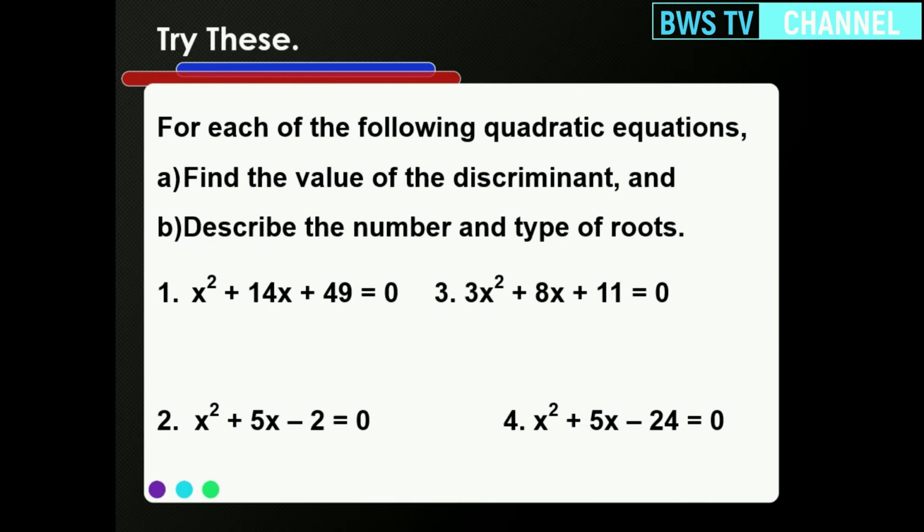So for number 1, we have x squared plus 14x plus 49 is equal to 0. Number 2, we have x squared plus 5x minus 2 is equal to 0. Number 3, we have 3x squared plus 8x plus 11 is equal to 0. And lastly, we have x squared plus 5x minus 24 is equal to 0. I will give you few seconds to solve, and this will be the answer.